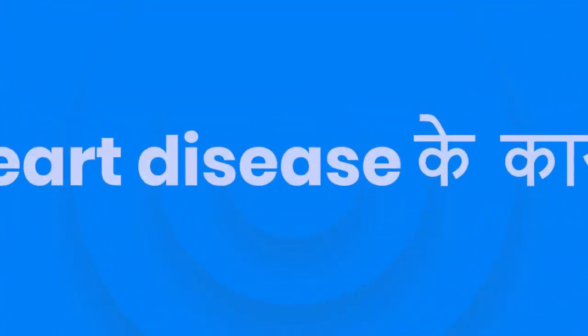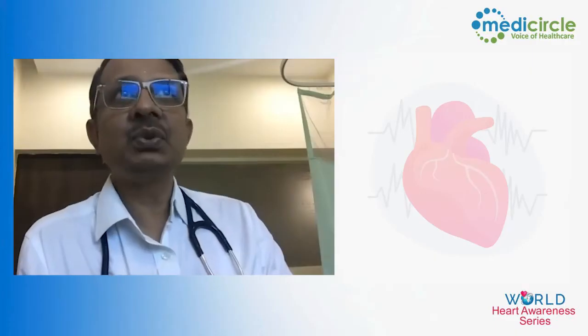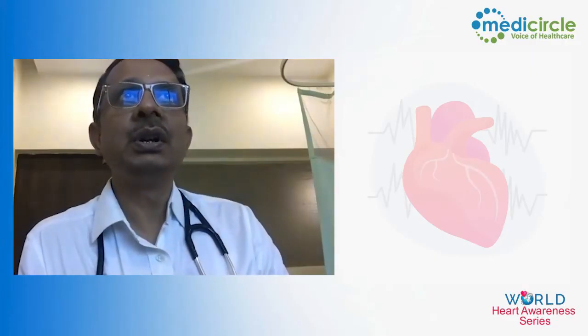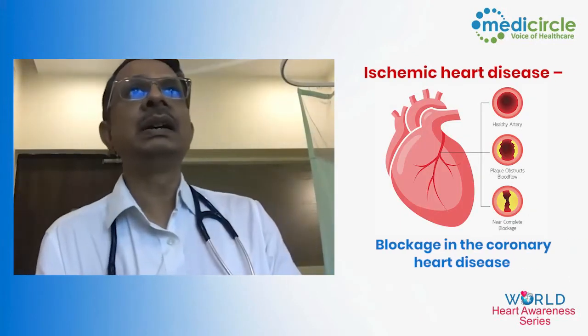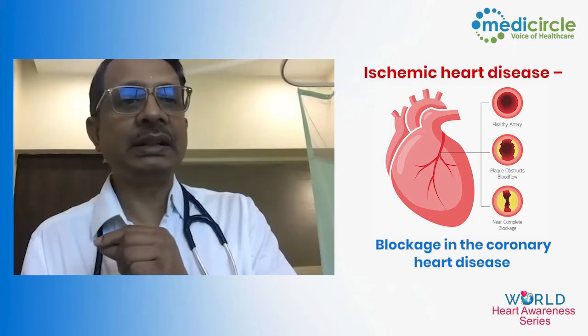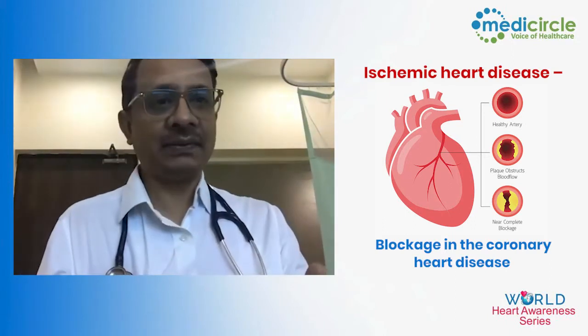So doctor, can you tell us about some causes of heart diseases? If you concentrate upon coronary heart disease or ischemic heart disease, this is caused by blockages in the coronary arteries. Coronary arteries are those arteries which supply the heart itself.